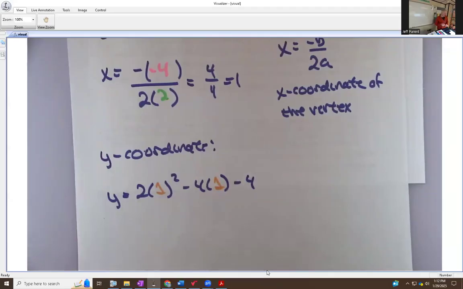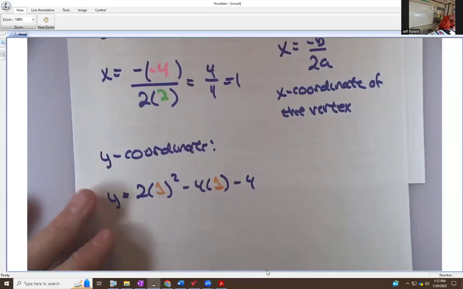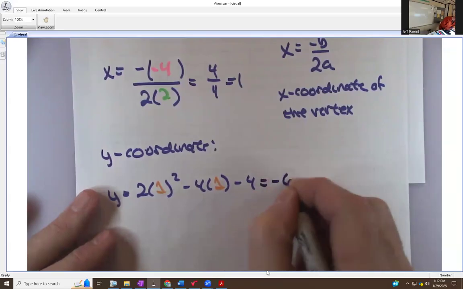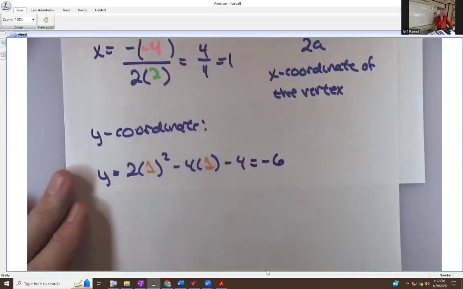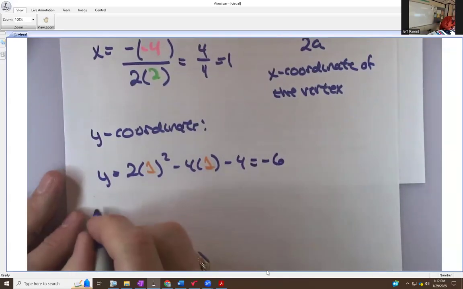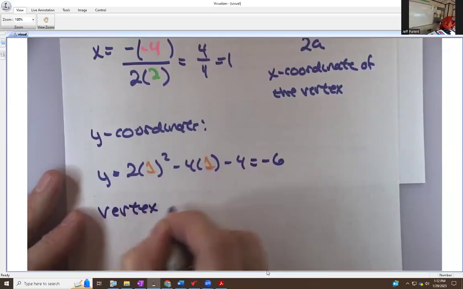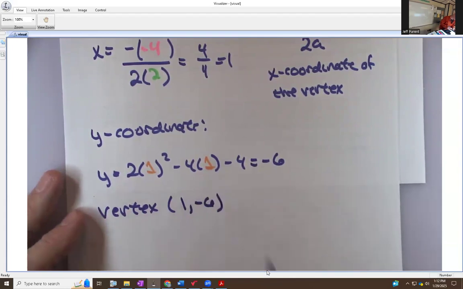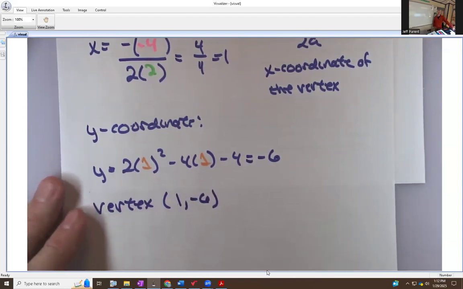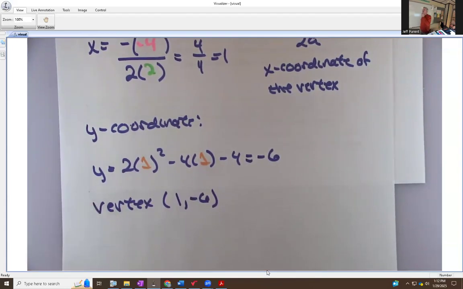That's going to be 2 minus 4 again. And guess what? You're going to get negative 6. So our vertex is 1, negative 6. So that's not too bad.